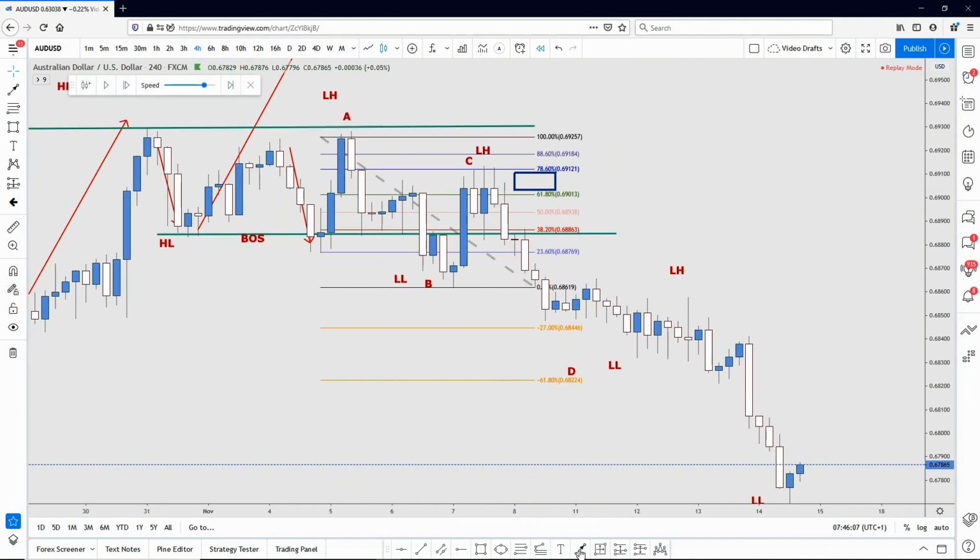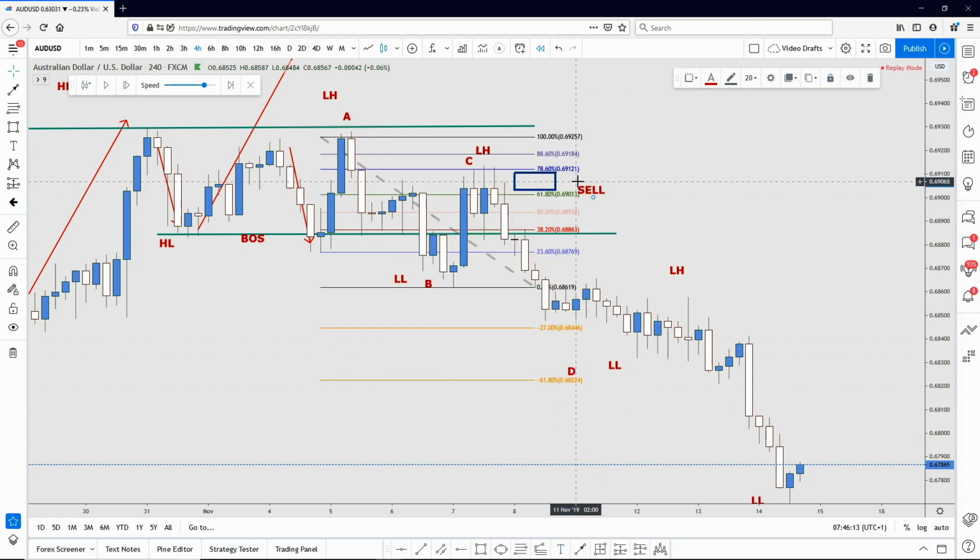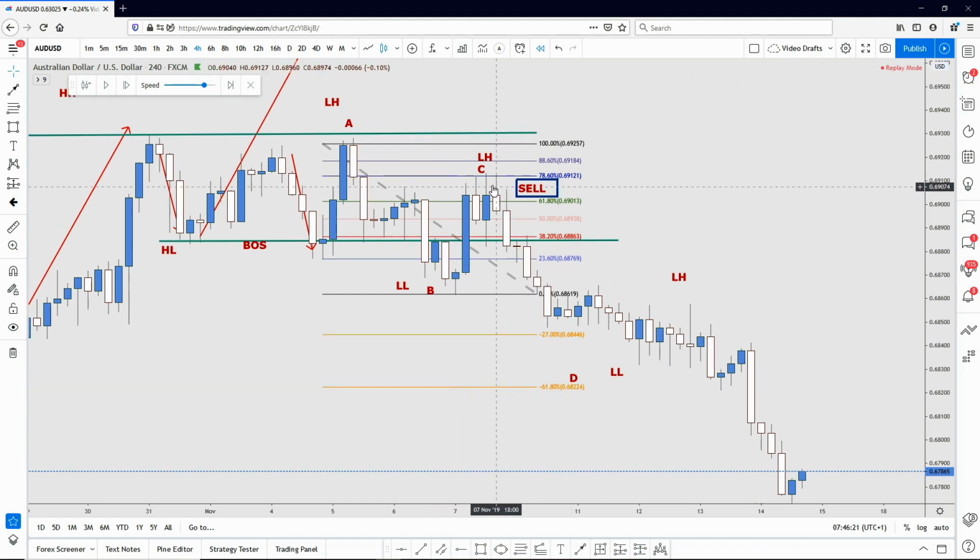This is where we would sell. And I'll show you later how to place a sell trade and how to enter. But for now, for simplicity, say at point C, the retracement, we decided to sell, and as price went down, it actually hit take profit 2 and eventually hit take profit 3.